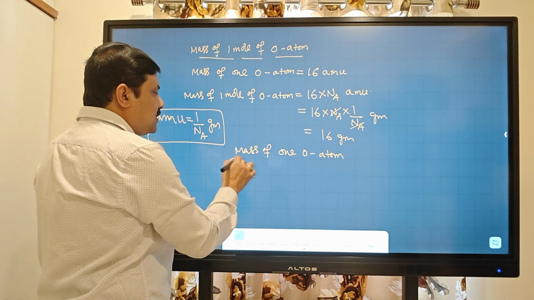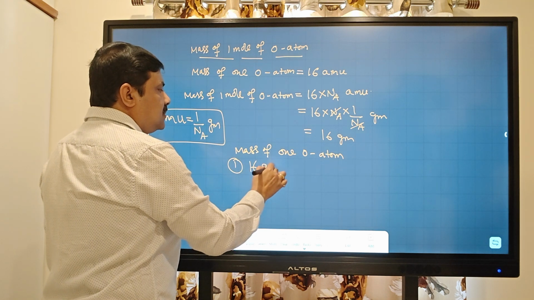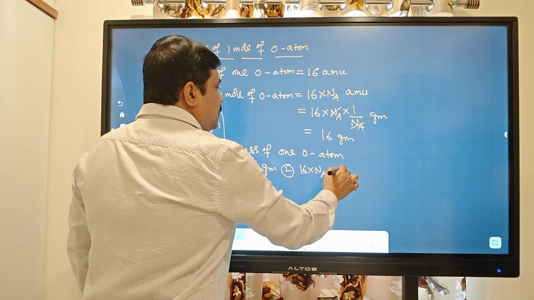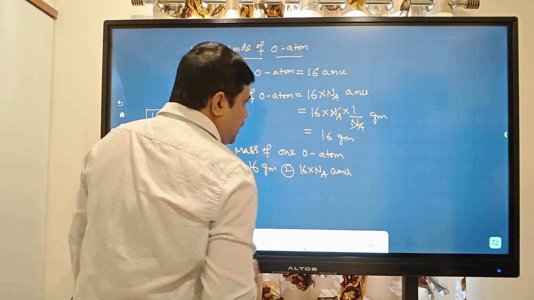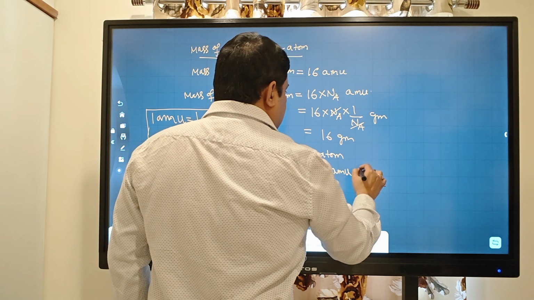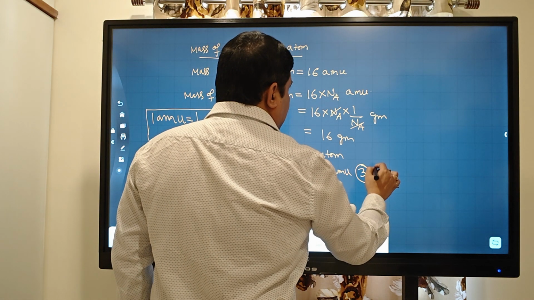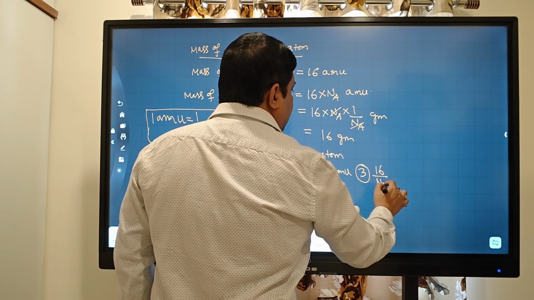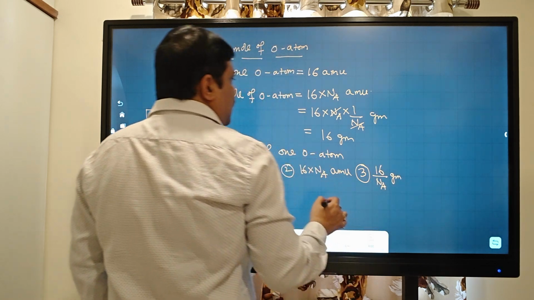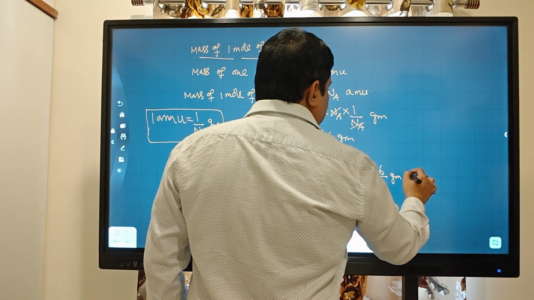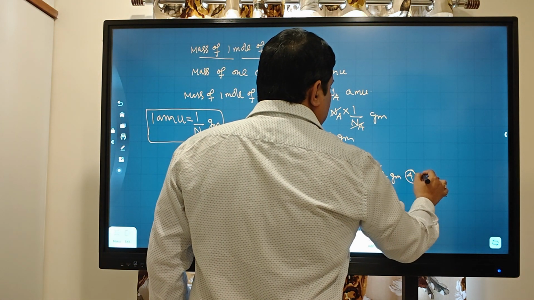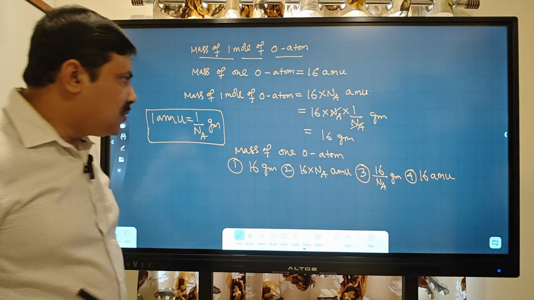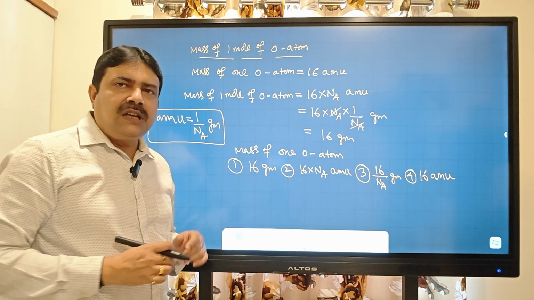The options they are giving: first option 16 gram, second option 16 into Na AMU, third option 16 by Na grams, and the fourth option 16 AMU. Now you look at the question that I asked. Mass of one oxygen atom I asked.